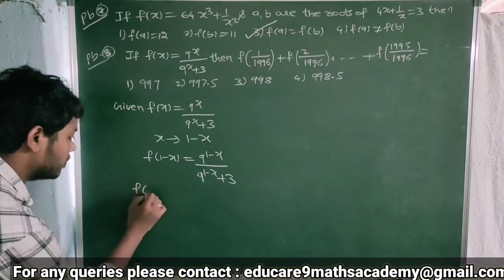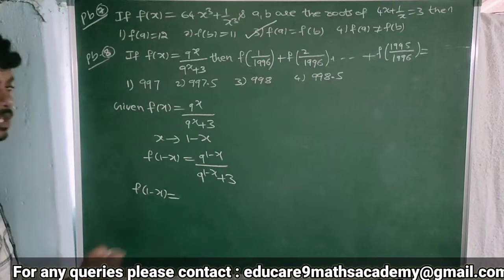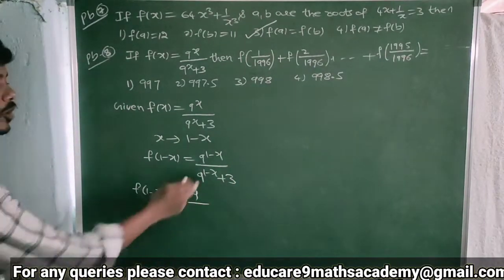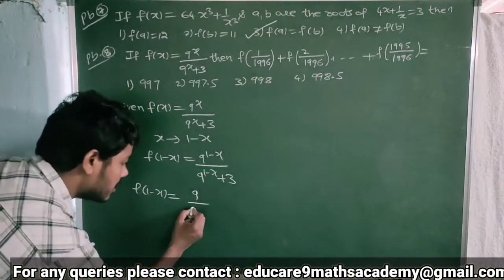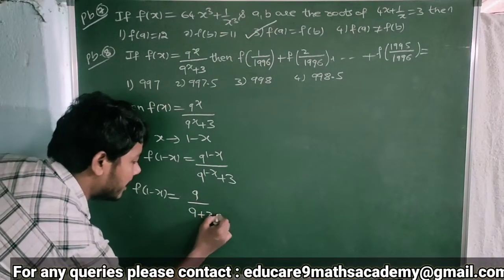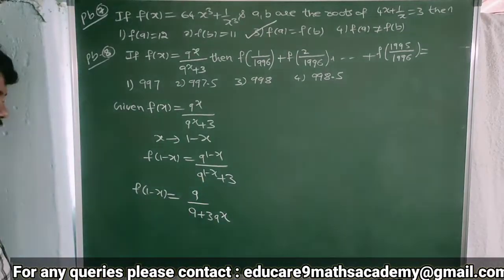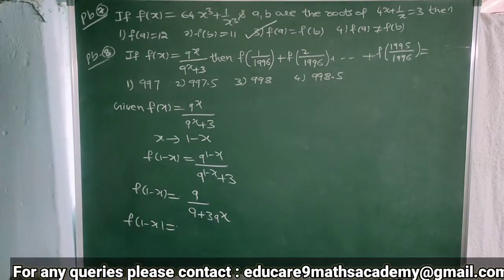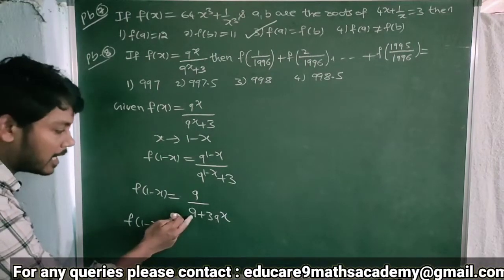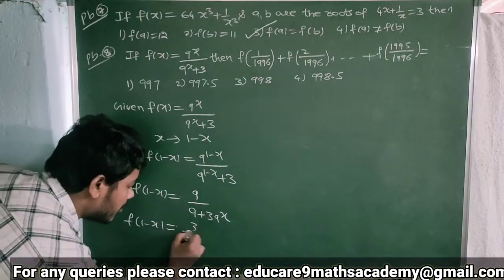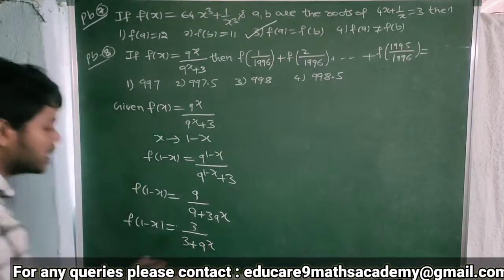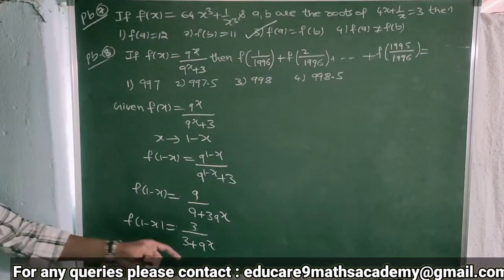Now this is f of 1 minus x equals 9 by 9 power x. So both LCMs get cancelled, and this is 9 divided by 9 plus 3 into 9 power x. Here 3 is common in the denominator, so that is 3 by 3 plus 9 power x. This is the f of 1 minus x value.